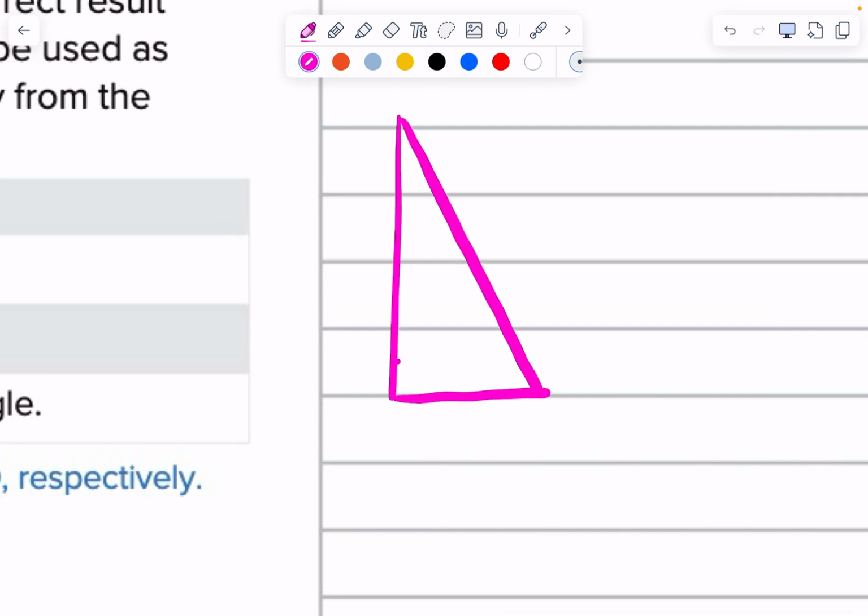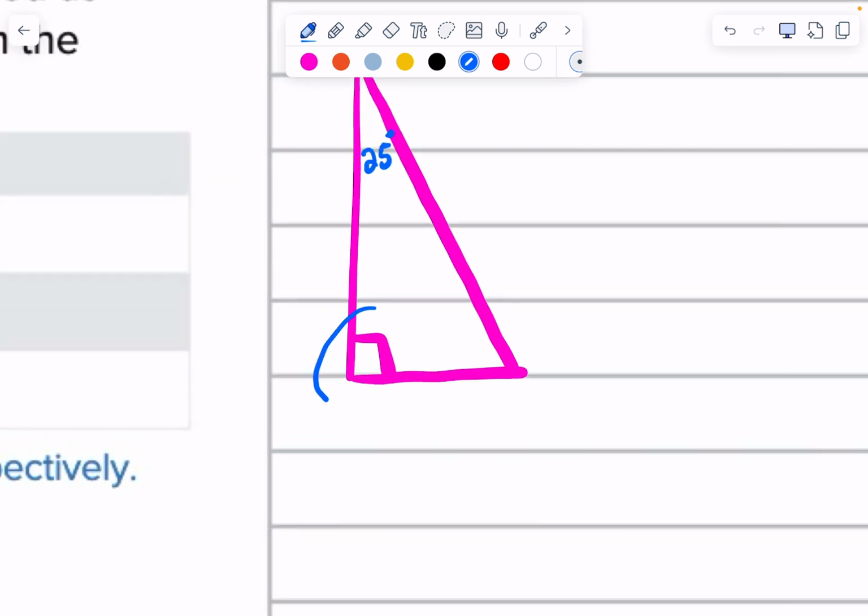Okay. All right, this is a right triangle. Yes? That means it has one right angle. Okay. Let's say I know that this is 25 degrees. Okay? There's a short way and a long way to do this. You want to do the short way. Yes, I know that they all add up to be 180, right?